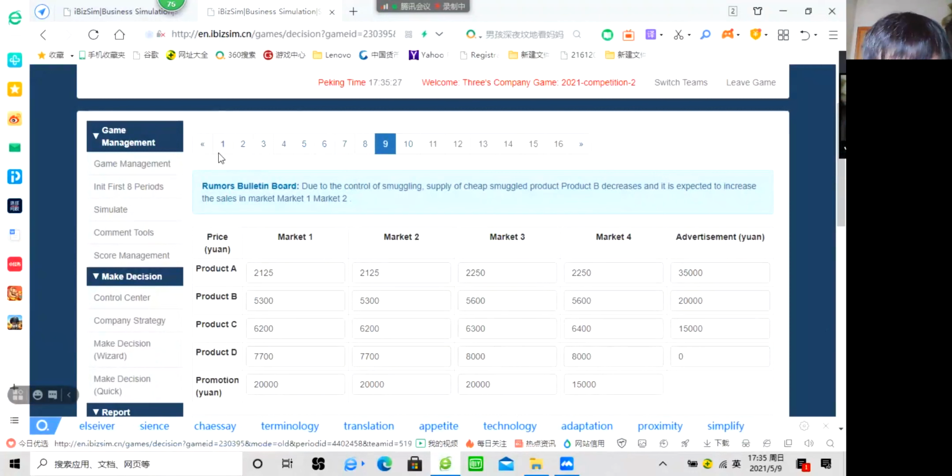This is 2019, this means 2020, so this is the spring of this year. Our factory, our three companies, used to be controlled by the government. That's the state-owned company.